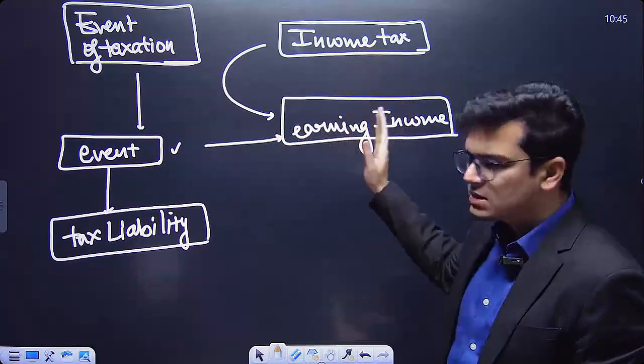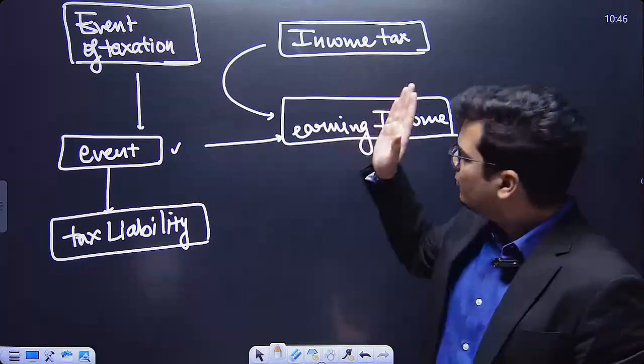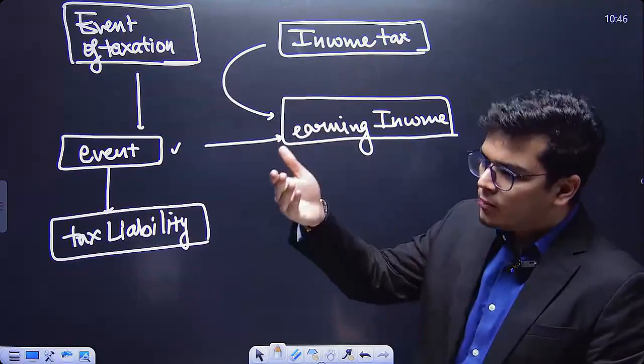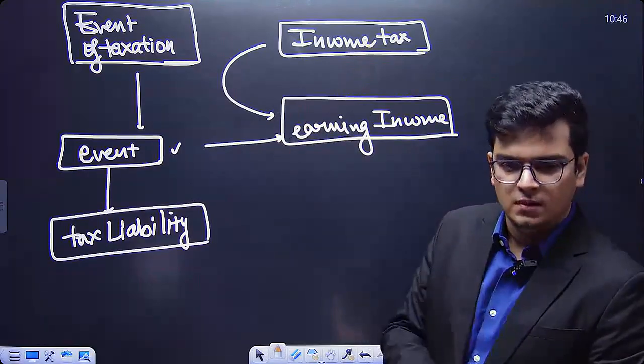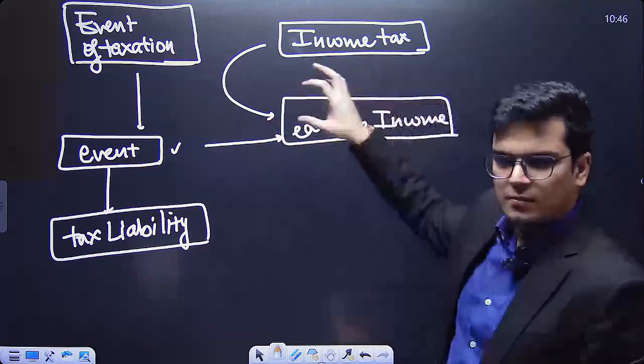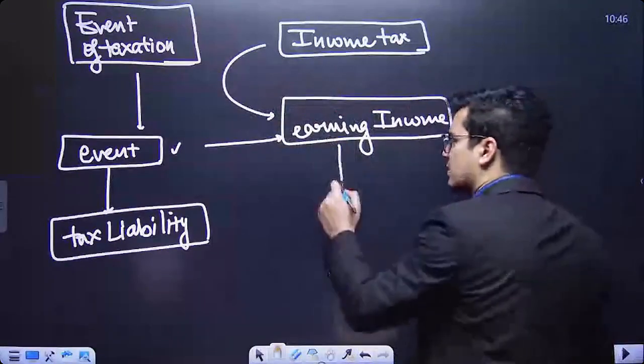You earn certain income. The moment I earn certain income, I will be taxed. ये event हो गया. The moment this event happens, a tax liability gets created.